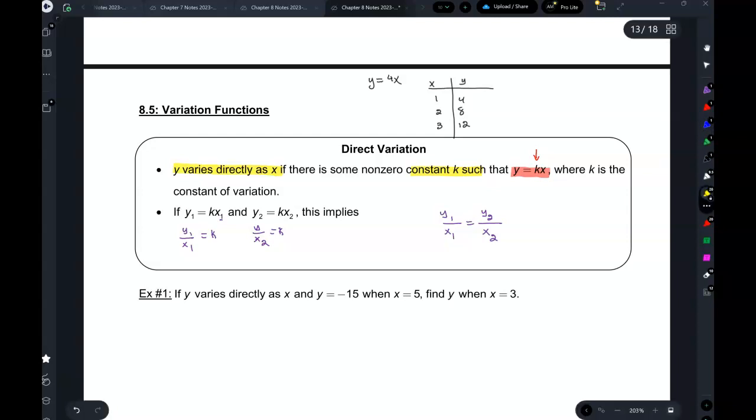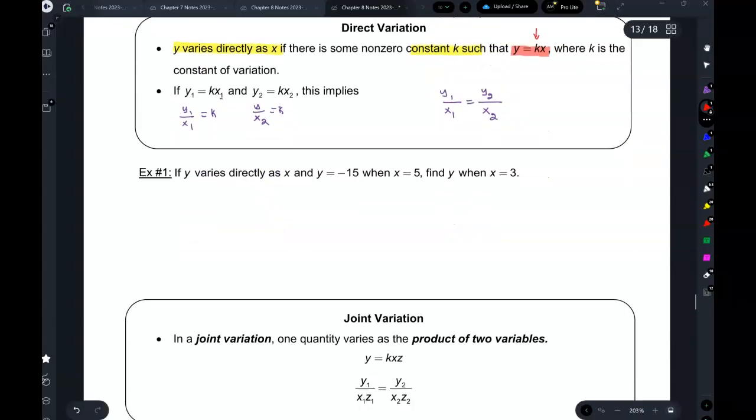If I divide y by x, what do I get? 4. For this one, y over x, what do I get? 4. For this one? 4. Do you see what direct variation functions are like? No matter what coordinate you get from that function, y over x is always the same value.